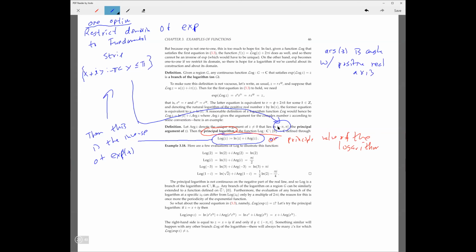The principal value of the argument would be the value between negative pi and pi.